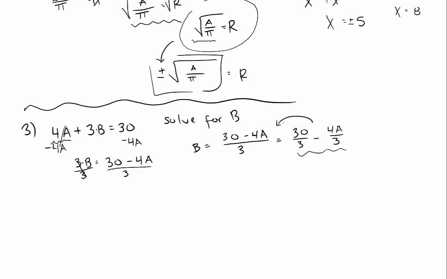And the reason I might split it up like this is because I know what 30 divided by 3 is. That's a whole number, so I might like that. So from here, my answer would look like 30 divided by 3 is simply 10 minus, and then I might write 4/3 a, or I could write it like I wrote it up here as 4a over 3. It doesn't matter, they're both the same.